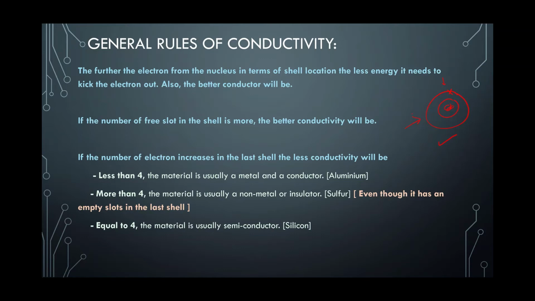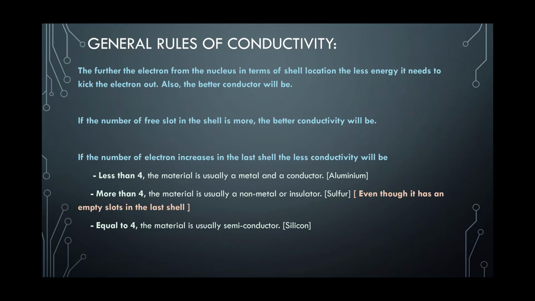But if I have another atom that has 2 electrons in the last shell, it will also be a conductor, but the first one is more conductive than the other one because of the free slots.